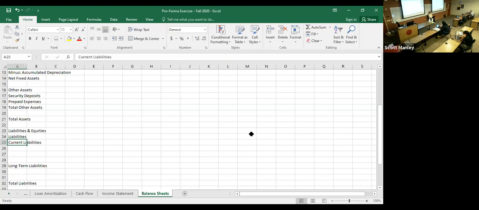Have you ever heard that term? I talk about it in the simulation, right? Because here's the deal. If you take out a 10-year loan, a portion of that loan has to be paid in the first year, and the rest of it has to be paid in the next 9 years.